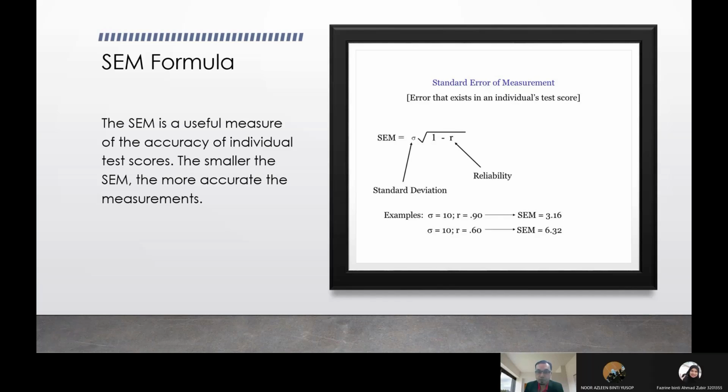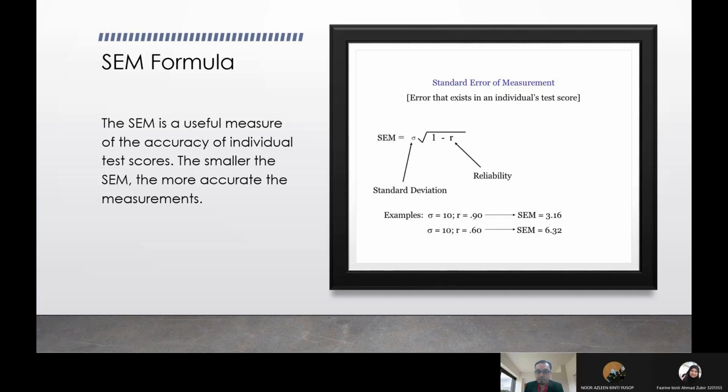So the calculation is equal to the standard deviation times the square root of 1 minus R. R is the reliability coefficient that we calculated from the test that has been explained by Madam Fazrine just now. So here is the example. Let's say the standard deviation is 10 and the R is 0.9, so the SEM is equal to 3.16.